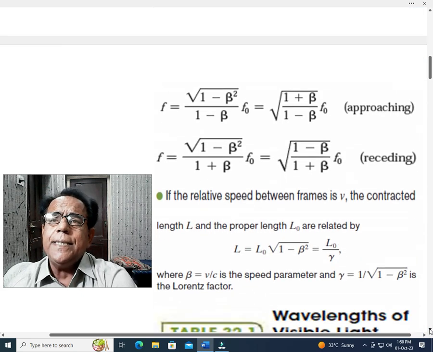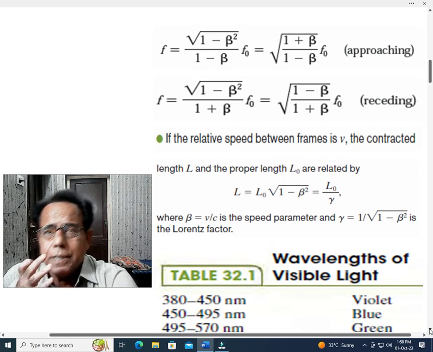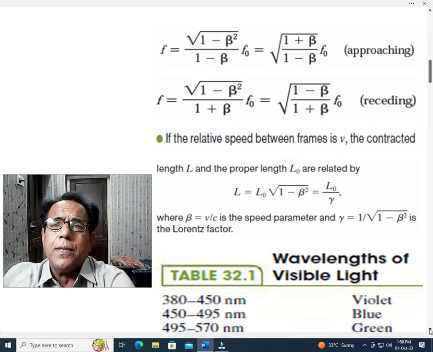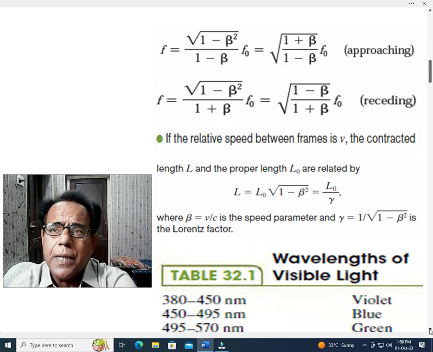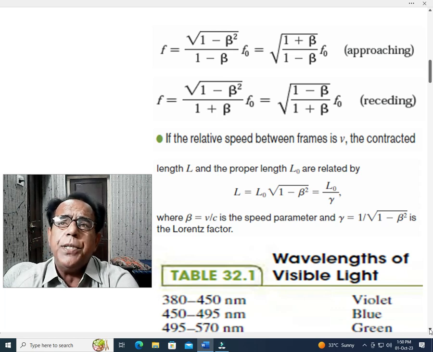Next, these two versions have been explained in a relatively more precise manner. f is equal to the square root of (1 minus beta squared) over (1 minus beta), into f naught. This becomes equal to the square root of (1 plus beta) over (1 minus beta), into f naught.